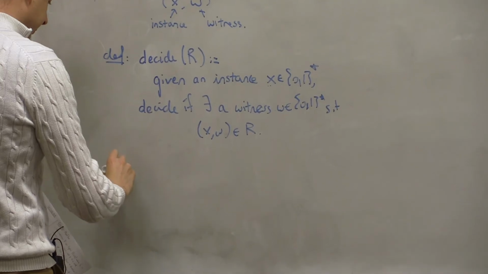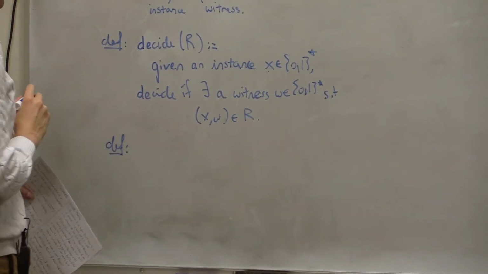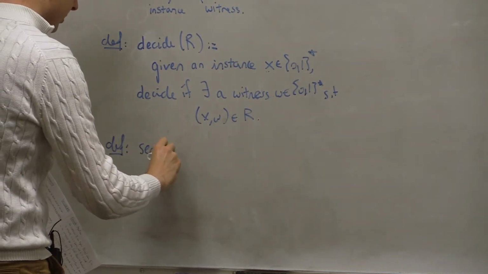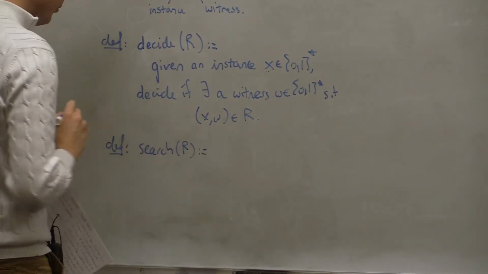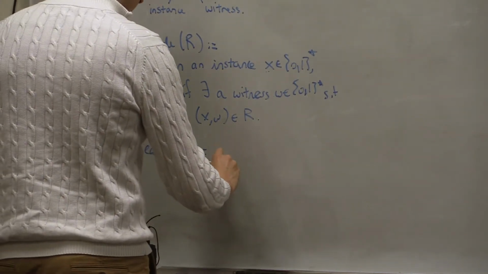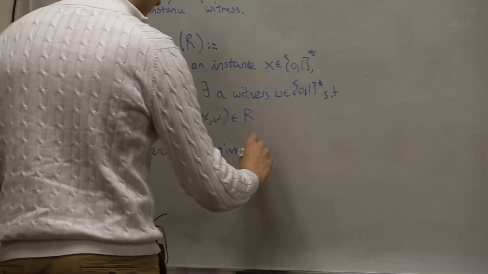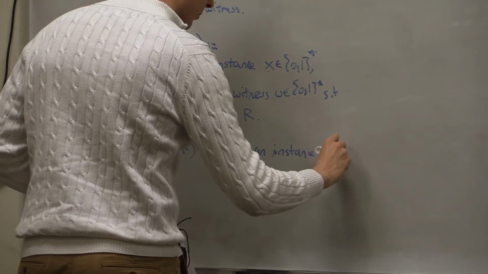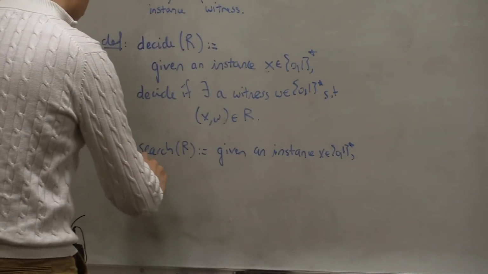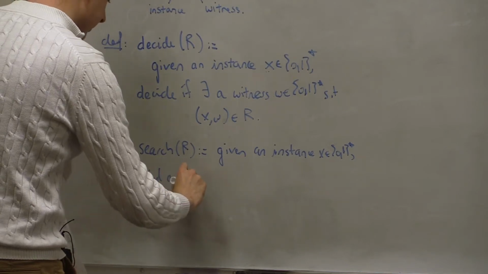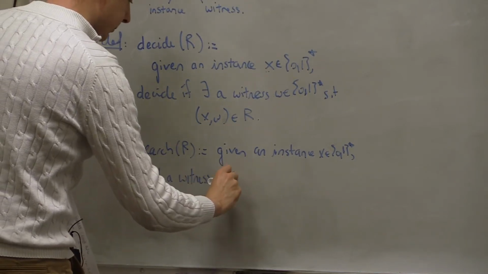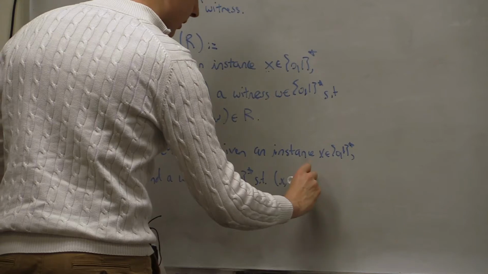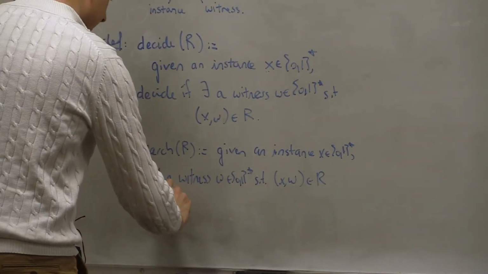There is another computational problem associated to R. We're going to call it Search R, which says: given an instance x, find a witness w such that (x, w) is in R, if one exists.